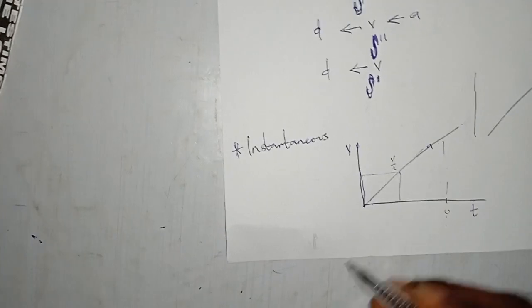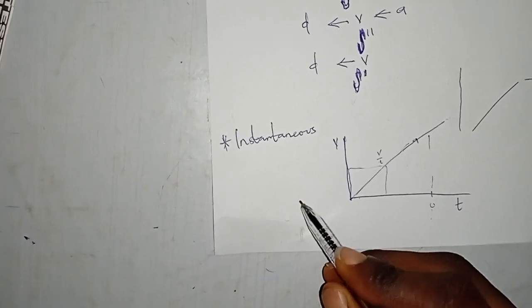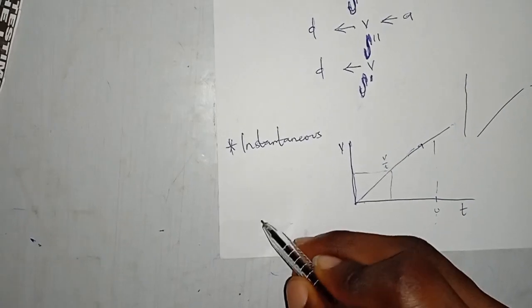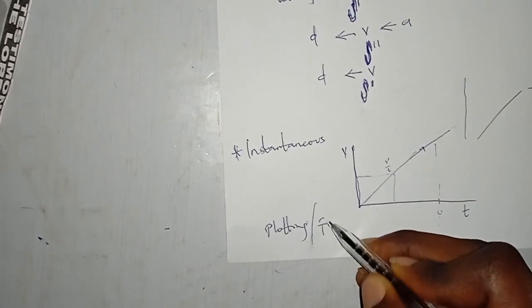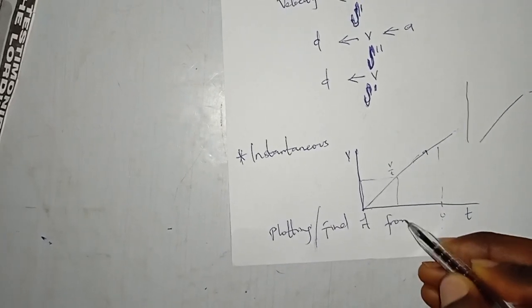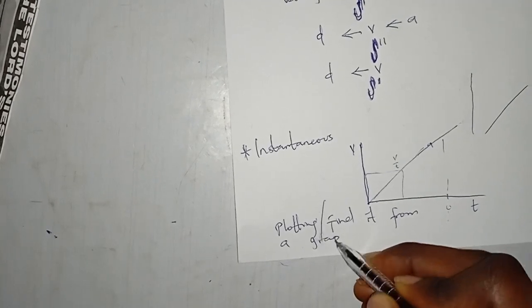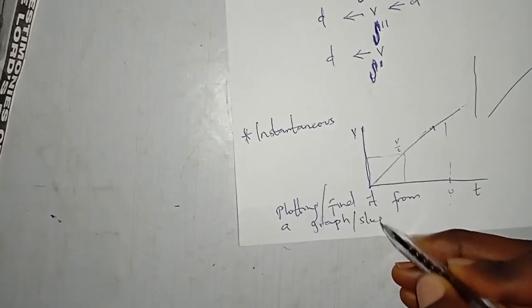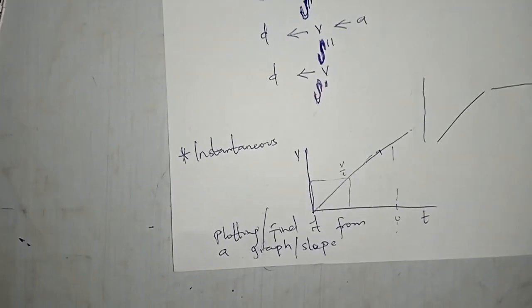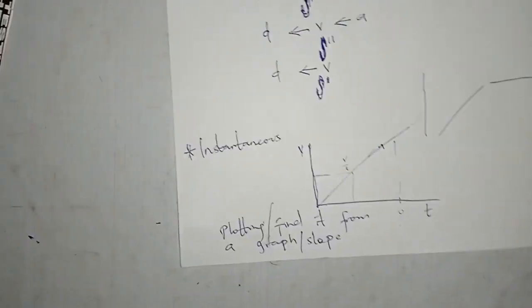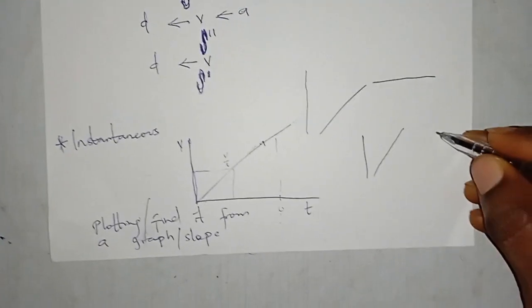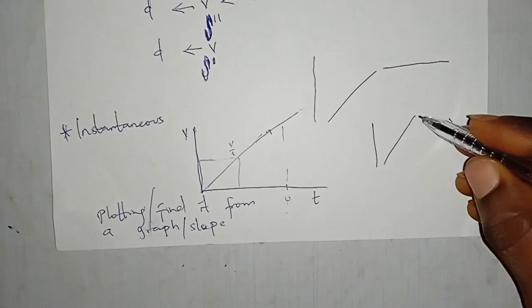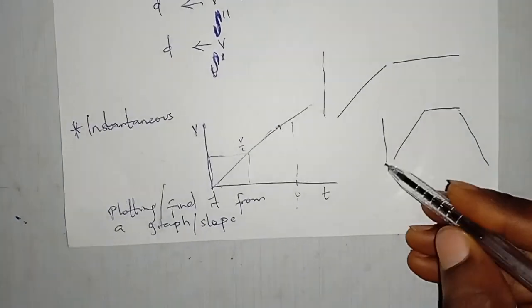Whenever you're talking about instantaneous acceleration or velocity, all you should be thinking of is how you are using it on a graph, plotting or finding it from a graph, or your slope. That's where you will see many questions that relate to equations of motion, and when we start solving questions, you will understand. So always see that velocity is this way, acceleration goes this way, deceleration goes the opposite way, and then constant speed goes this way, then your time this way.